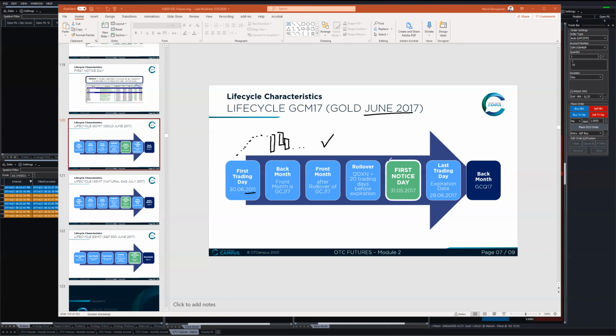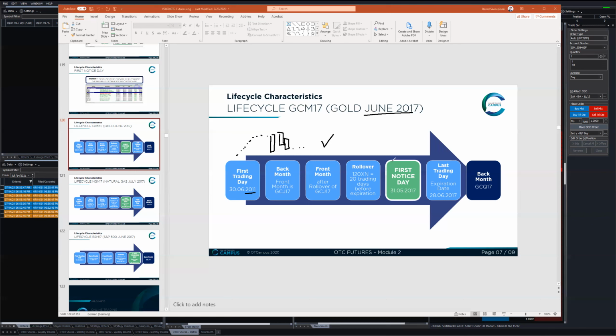Now, some contracts have a first notice day before the expiration. Last trading day and expiration date is the same. It's just a different naming for it.